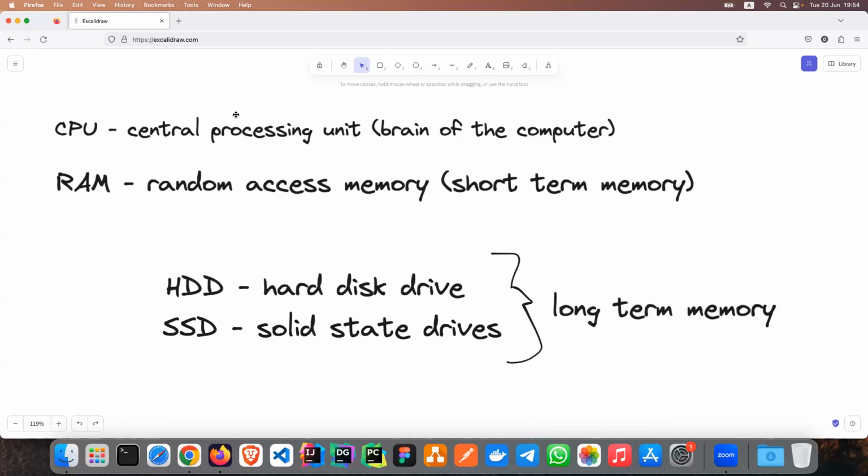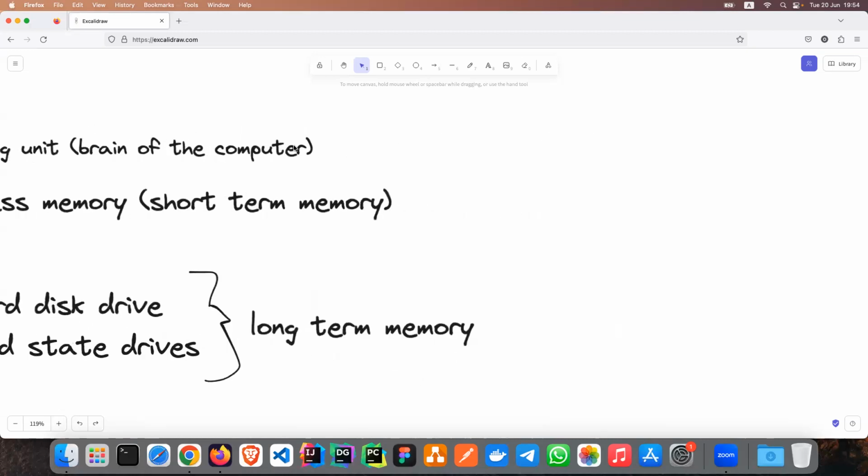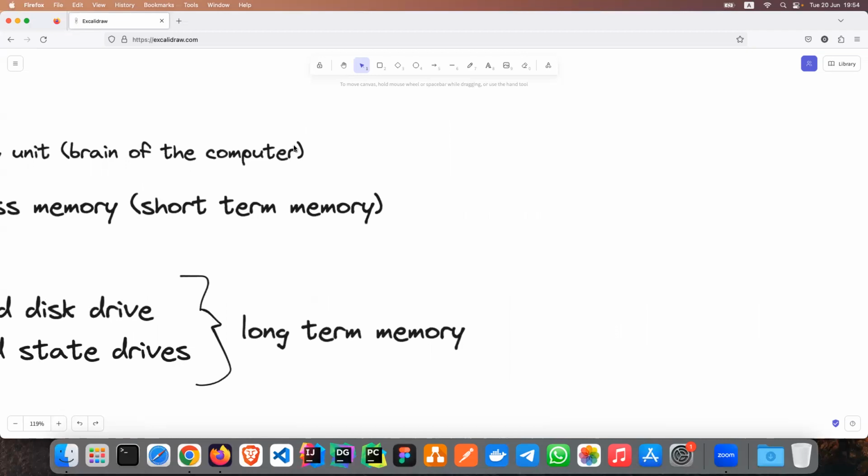So the point here is that a program is just a sequence of instructions. What the CPU does with those instructions is get them and calculate them. It gets something from memory, calculates it, and puts it back to the memory.